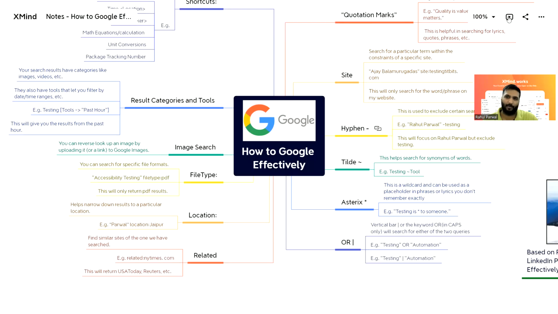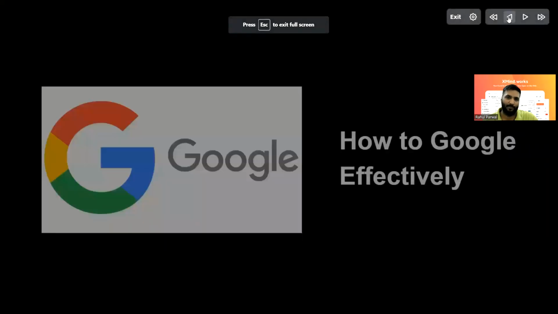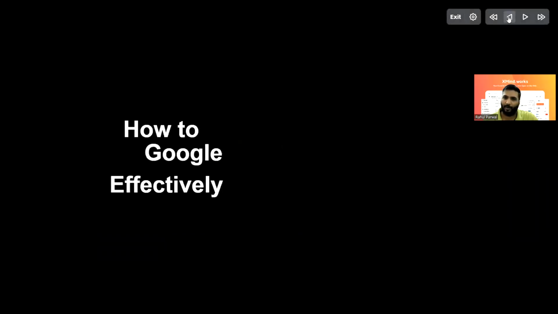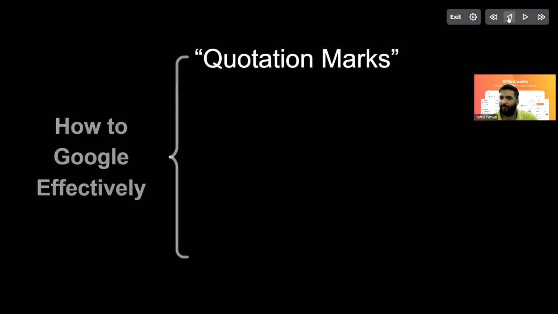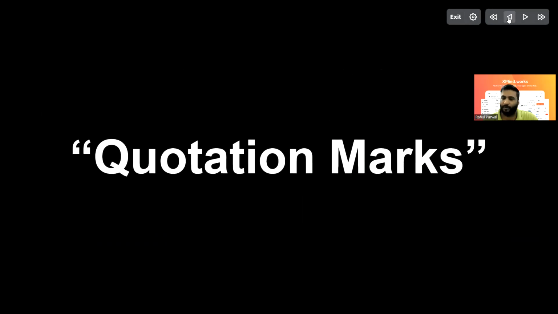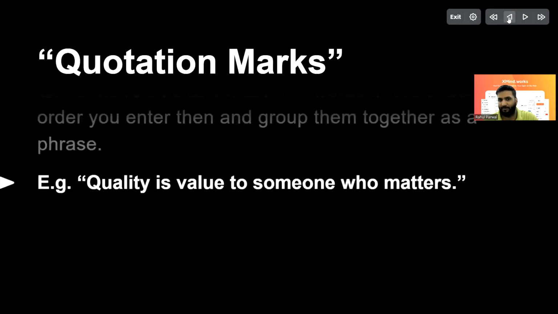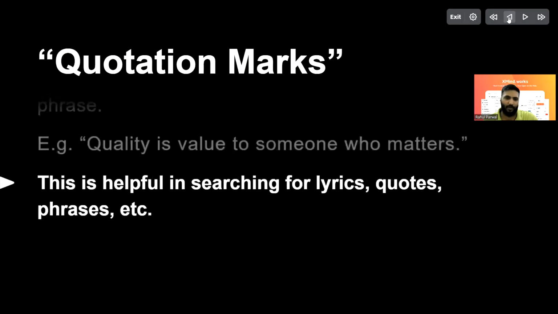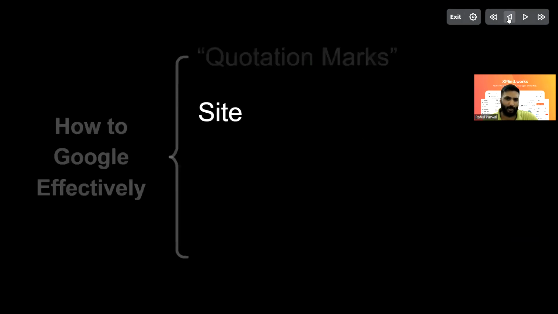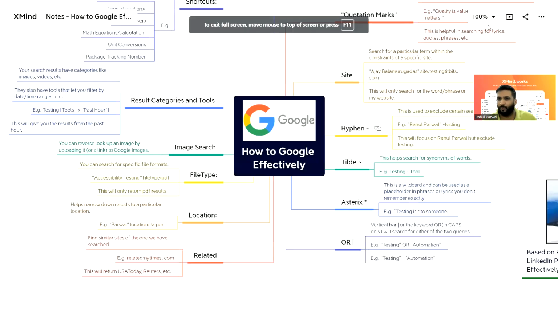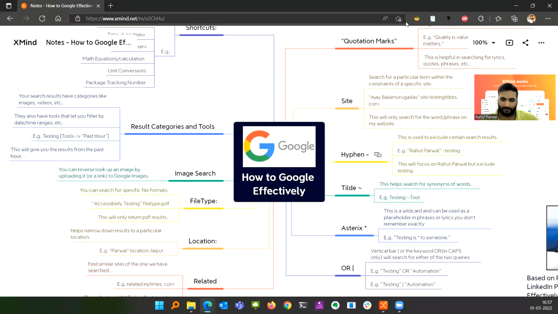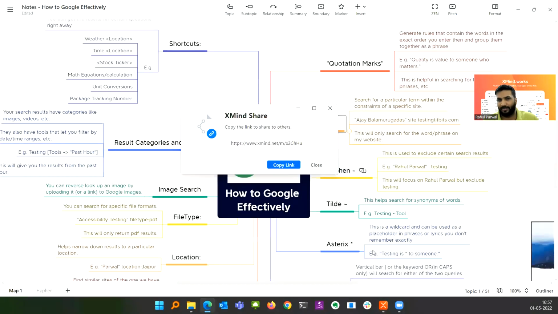So anywhere from your browser, you can just play it into a presentation mode, which makes it really powerful. So you will have your presentations at your fingertips at any given moment. Anywhere you go, if you have your XMind uploaded somewhere on your blog, you can immediately give presentations, which I feel is a very cool feature, and very few people explore it.